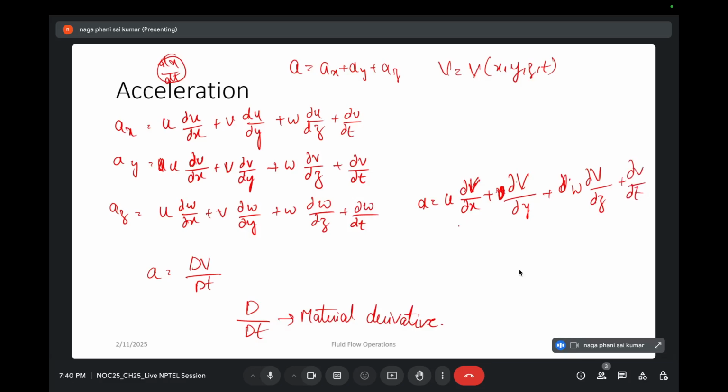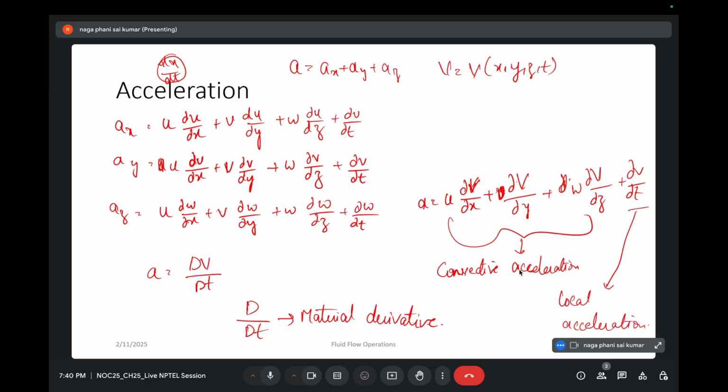Okay, so the first part is called convective acceleration, and the last term is called local acceleration.